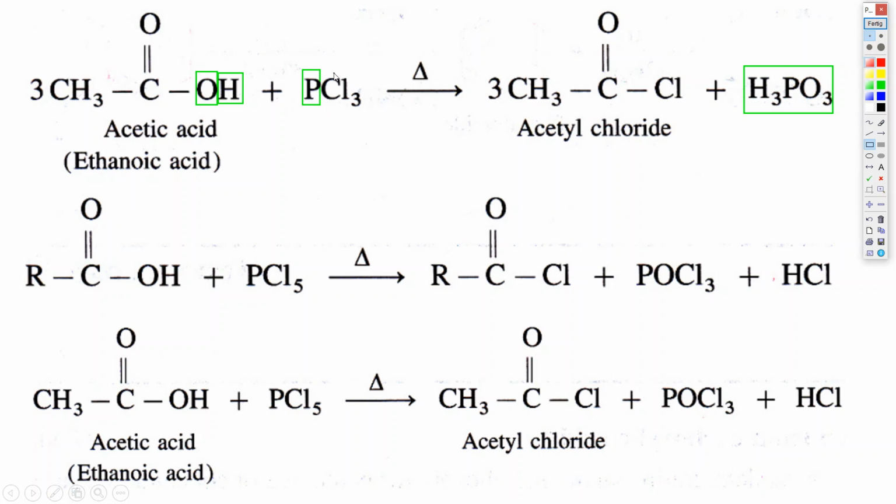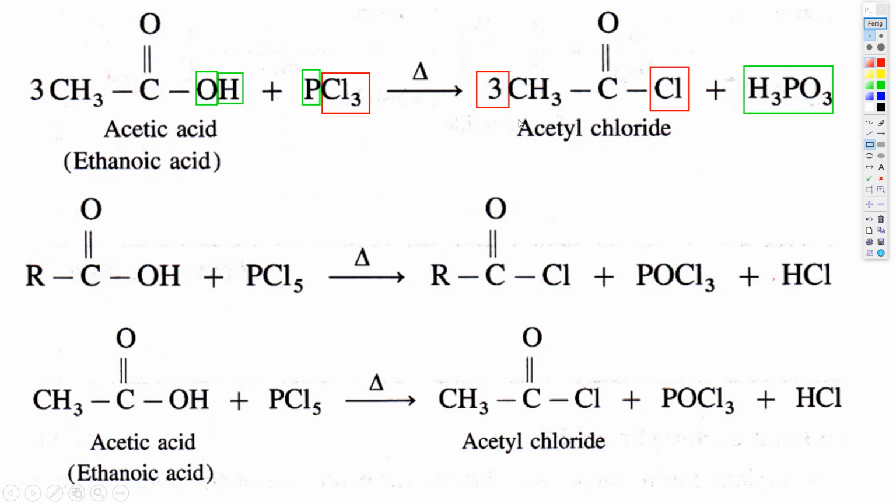And these 3 chlorine atoms get substituted, taking the position of the OH group, and will form the major product, 3 CH3C=OCl. This is the major product, 3 CH3C=OCl. Here is the chlorine atom, and here is its coefficient 3.